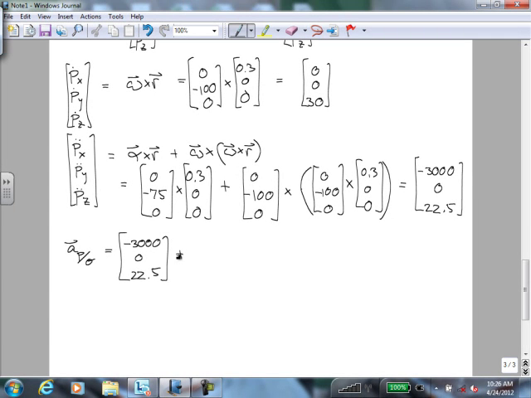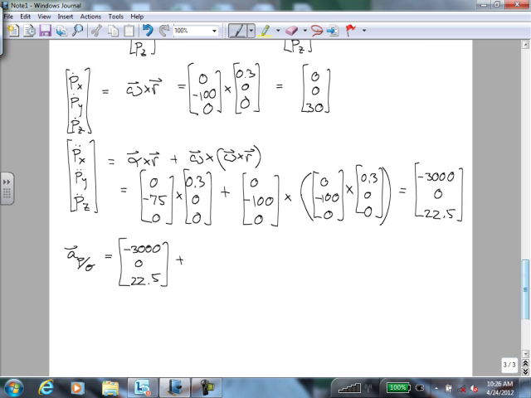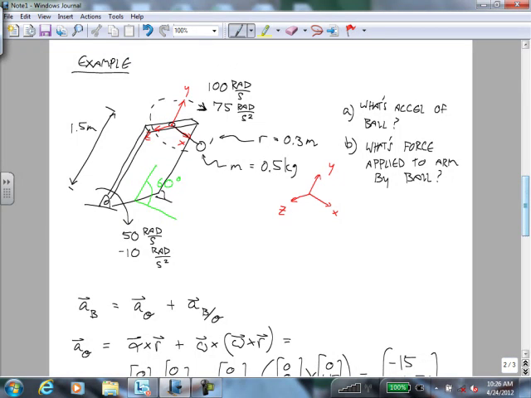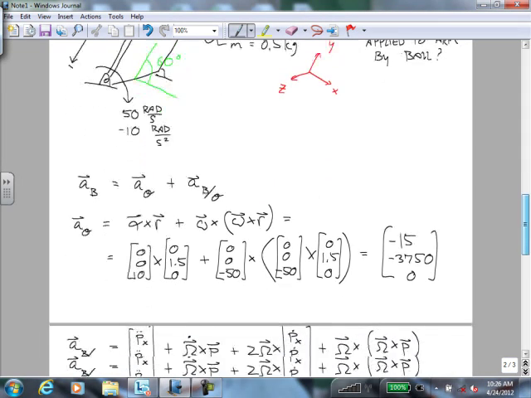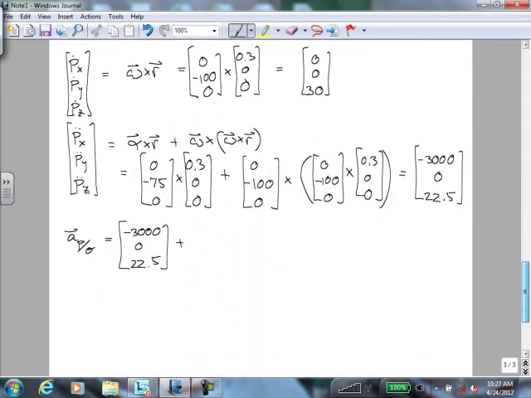Yeah, so for this example, big omega dot is this 10 radians per second squared. So that is going to be 0, 0, positive 10 crossed with 0, 300, 0.